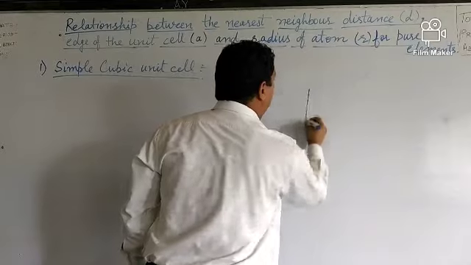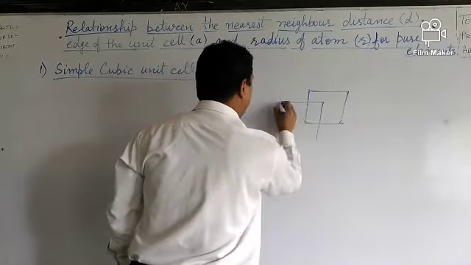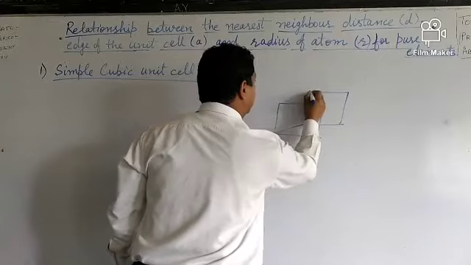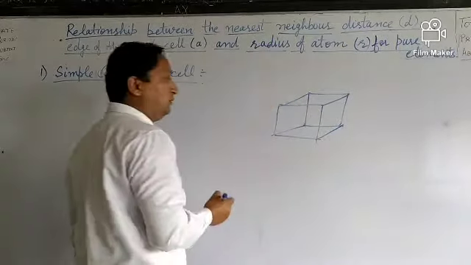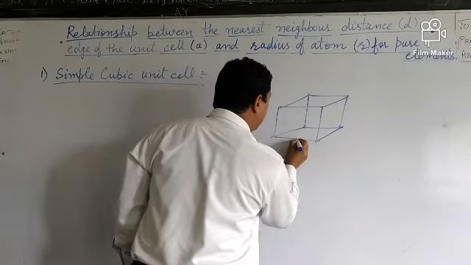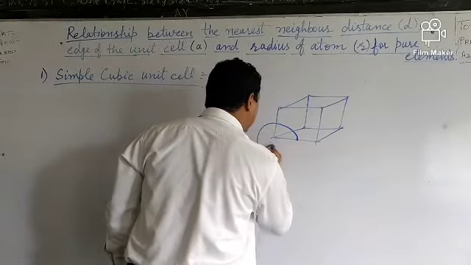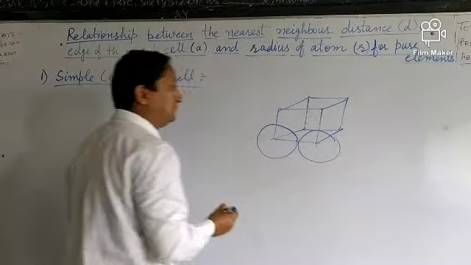Now, in case of simple cubic unit cell, you have to remember that the circles or the spheres touch each other, just like this.